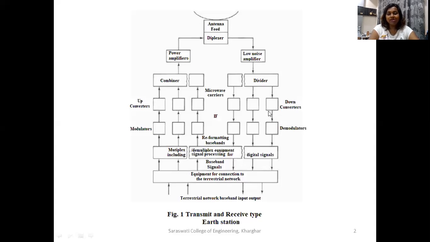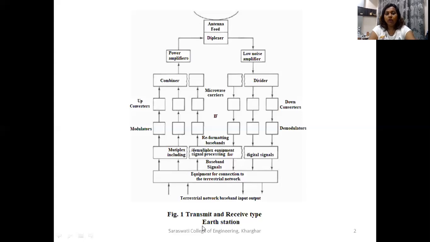Then these signals are demodulated and demultiplexed. And finally, with the help of the equipment used for interconnecting the earth station to the terrestrial network, we can transfer our signal through the transmission link.